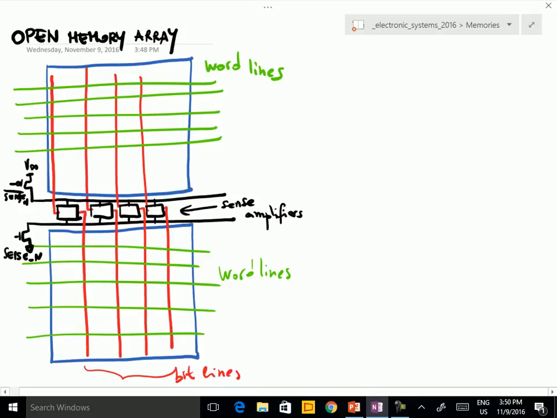Why is this important? Because you see that the bit lines of the upper part are connected to different word lines with respect to the bit lines of the bottom half. So since we know that only one word line is active, when one word line is active, for example the first, we can use this other bit line as the comparison bit line, because none of the word lines that are crossing it are active.